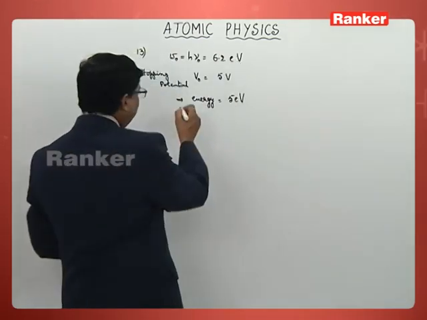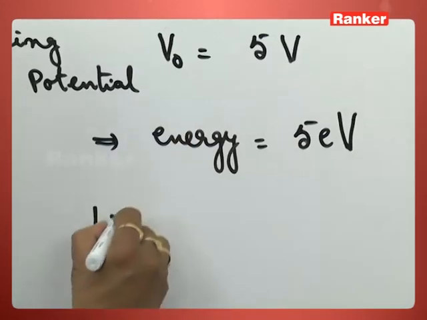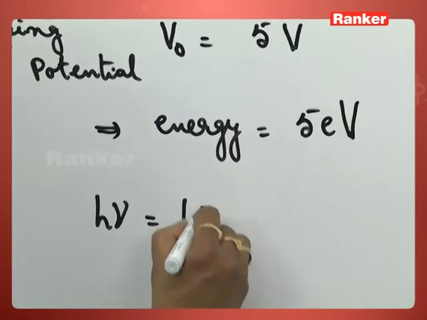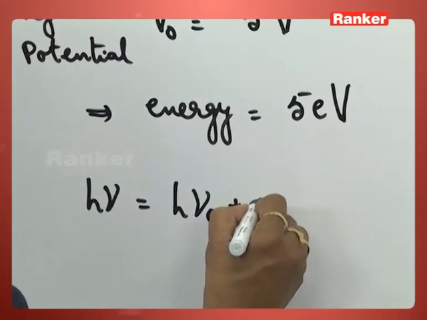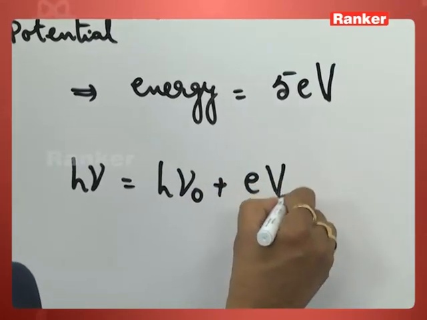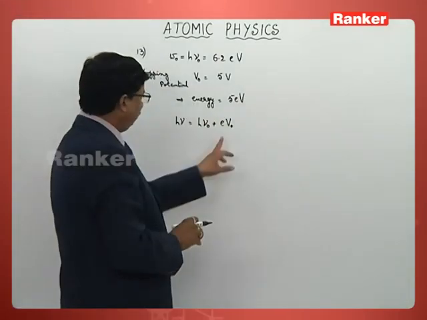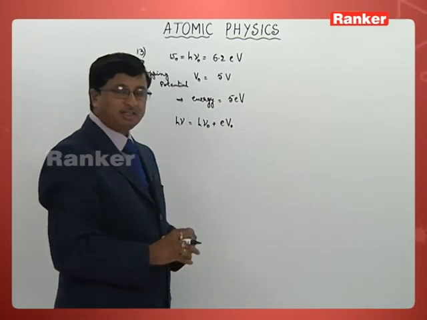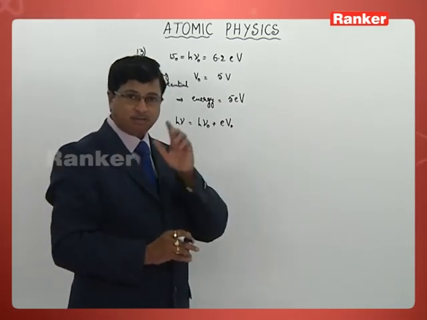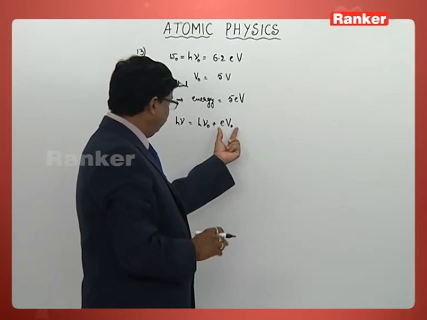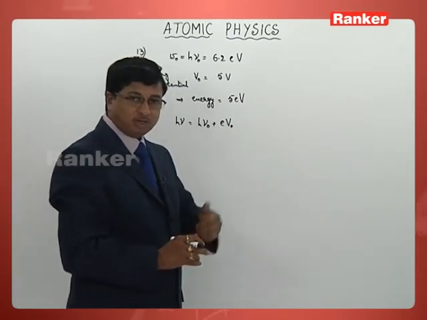Now, what is our equation? h nu is equal to h nu naught plus eV naught. This eV naught is nothing other than half mv square, that is the kinetic energy of that emitted photoelectron.